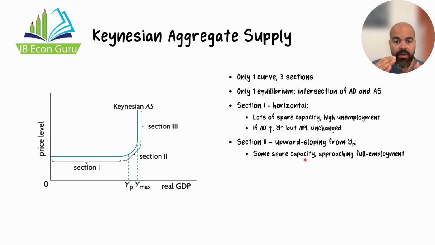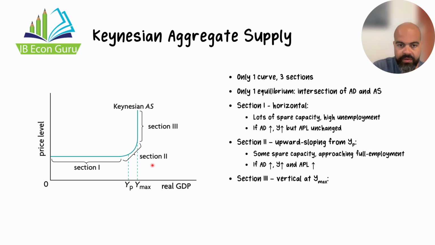So the economy is approaching full employment, but not quite there yet. If AD increases along this section, Y will increase, real GDP will increase, and so will the average price level. So imagine there's an AD curve here along section II, and it shifts to the right to here. You'll see that both real GDP, Y, and average price level, APL, will increase.